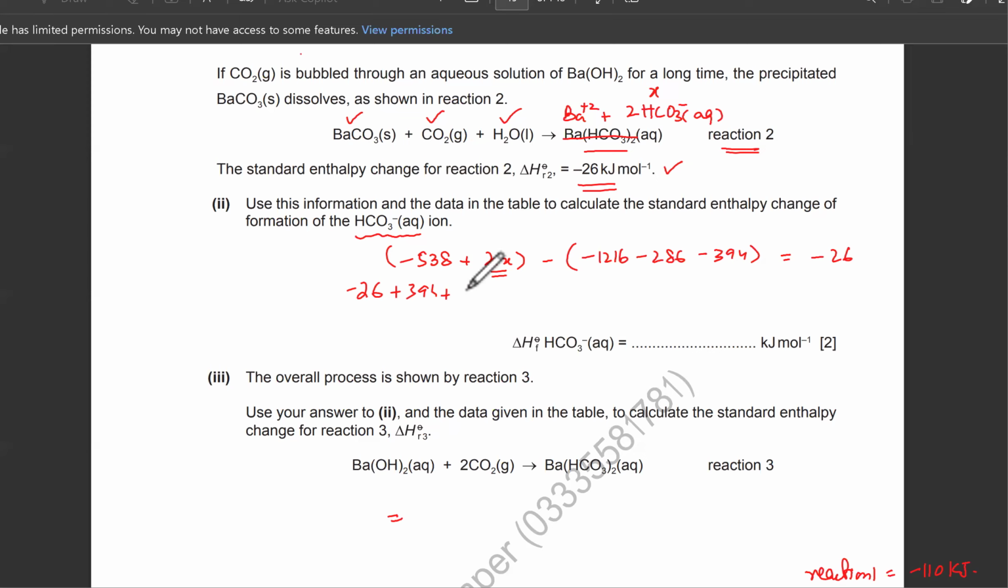Okay, try and solve this, okay? What do you get for the answer for this one?